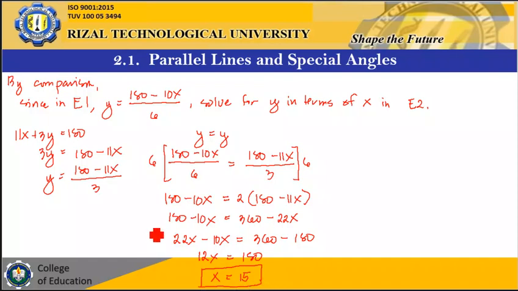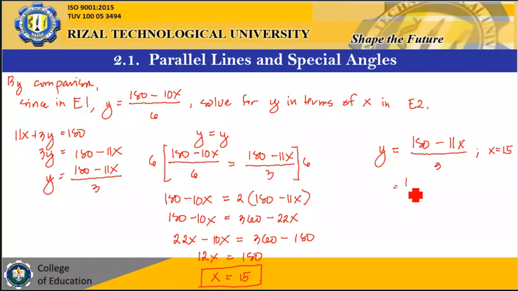But since we already used the y in equation number 1 in our substitution method, let's now use the y in the second equation, just to verify if it will still provide the same answer. y is equal to 180 minus 11x all over 3, and the value of x is equal to 15.